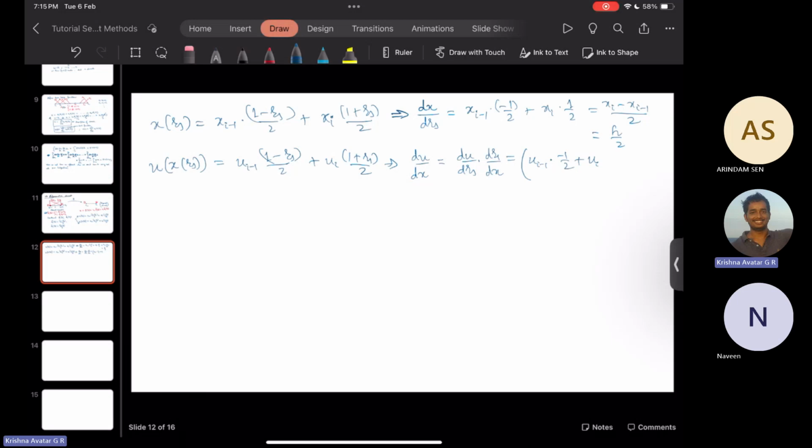Isn't it? But let's keep it as it is for the sake of argument. We'll see why I'm not simplifying it, because it gets very cumbersome to perform. So let me keep it, given that we already know this is nothing but u_{i-1} into N1 hat plus u_i N2 hat of z, isn't it?